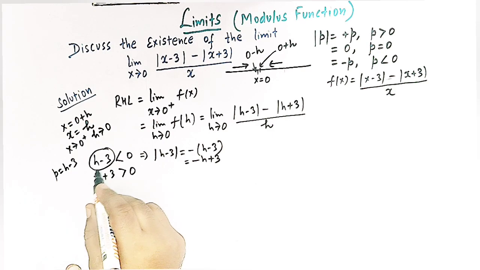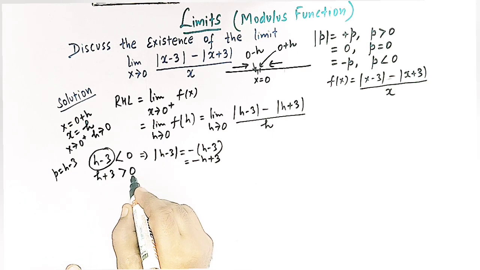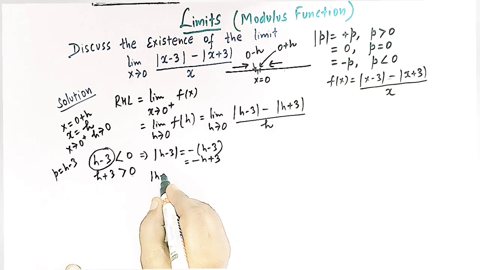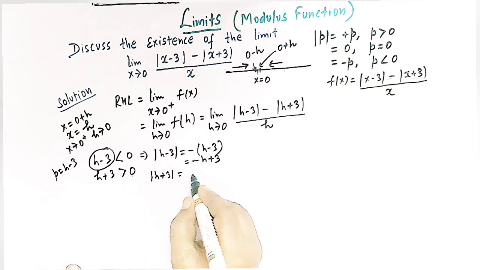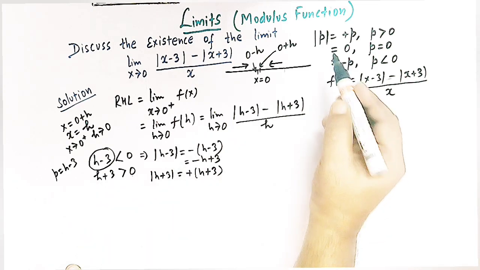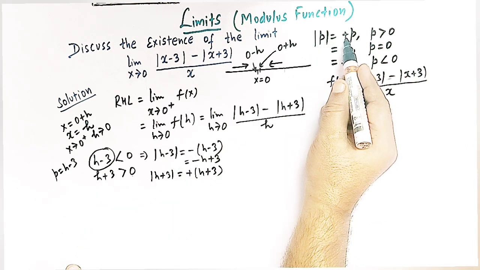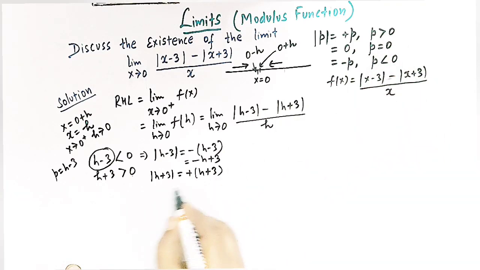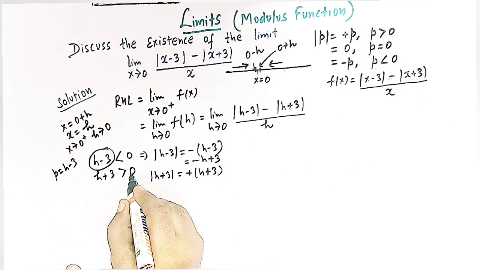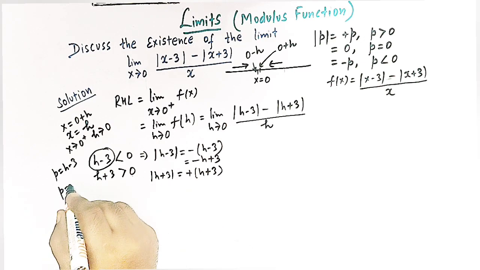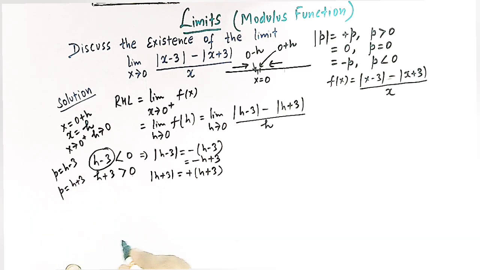And similarly here we have h plus 3 greater than 0, so mod of h plus 3 is equal to positive h plus 3, because mod of p is equal to positive p when p is greater than 0. So in this case we have taken p as h plus 3, right?